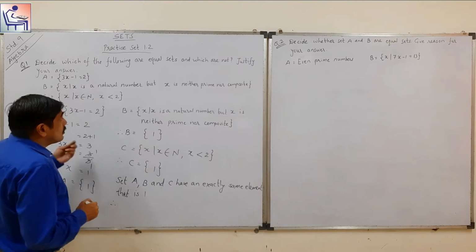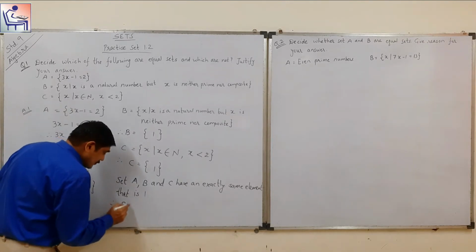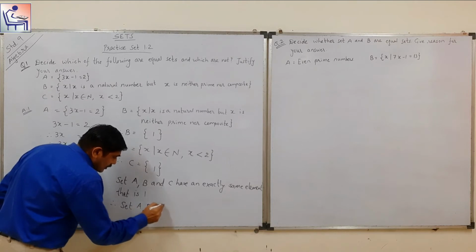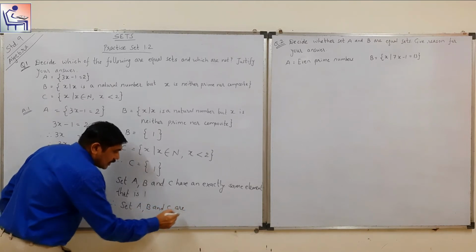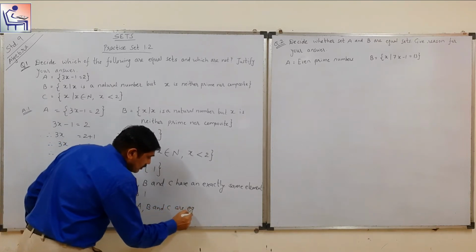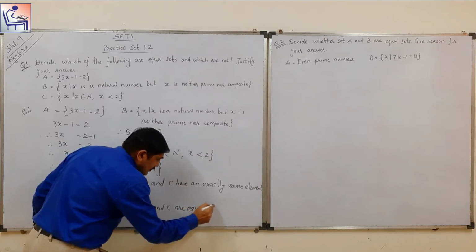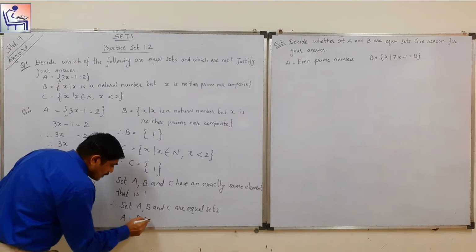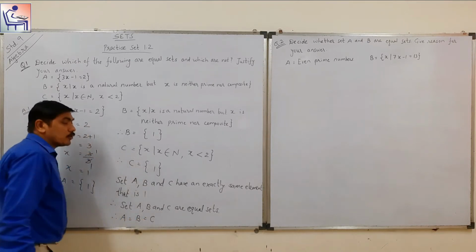Therefore sets A, B and C are equal sets. We can write here A is equal to B is equal to C.